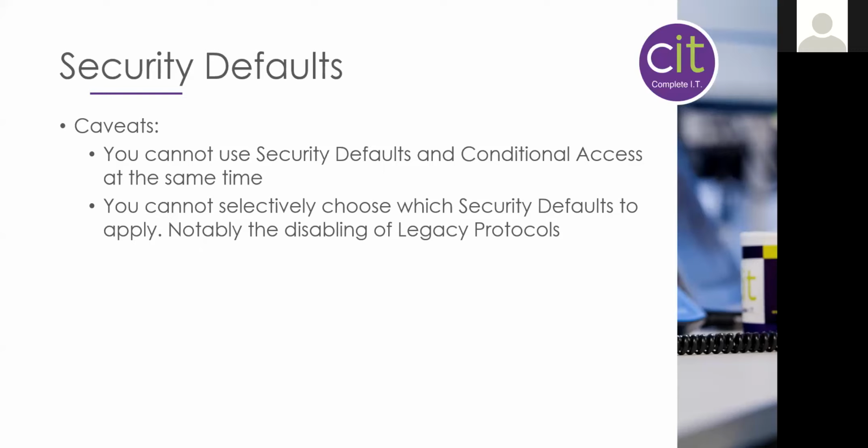So if you have any scanners that are using SMTP to send emails to Office 365, you can't enable them because they're going to get blocked. Whereas if you had conditional access, you could turn everything on but the legacy protocols blocking. Or you could block legacy protocols, but not from your office's IP address, for example. You can't do that with security defaults.